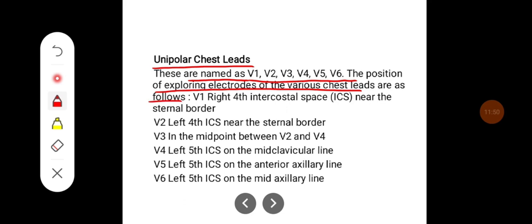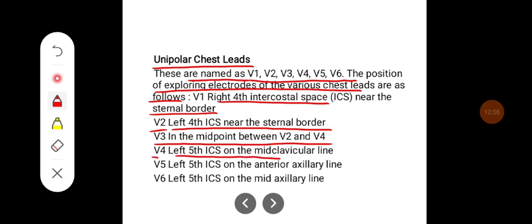V1 is in the right fourth intercostal space near the sternal border, V2 in the left fourth intercostal space near the sternal border, V3 at the midpoint between V2 and V4, V4 in the left fifth intercostal space on the midclavicular line, V5 in the left fifth intercostal space on the anterior axillary line, and V6 in the left fifth intercostal space on the mid axillary line.